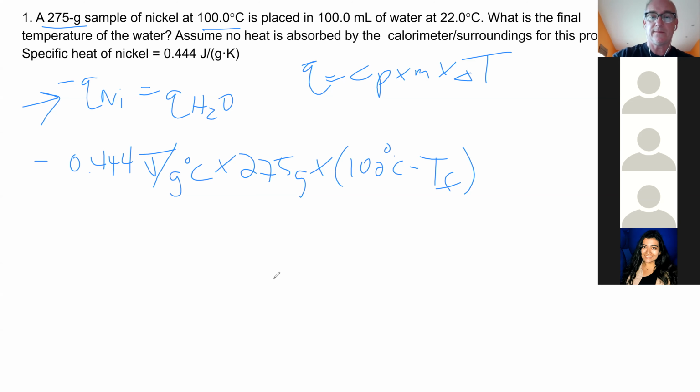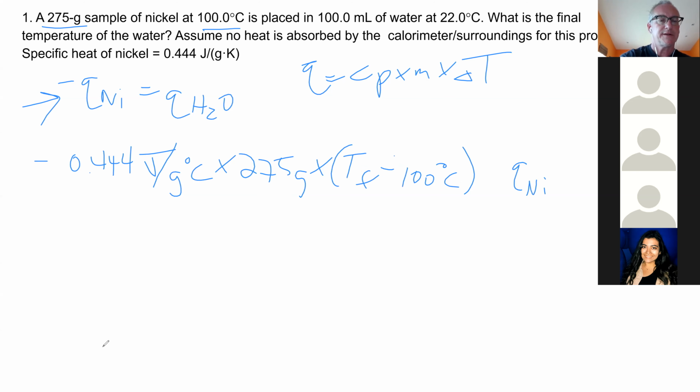I keep doing that. Final temperature minus the initial temperature. No wonder you're confused. So it's final minus 100 degrees. Yeah, final minus initial. I keep making that mistake. Don't make that mistake. So that's going to be Q nickel.